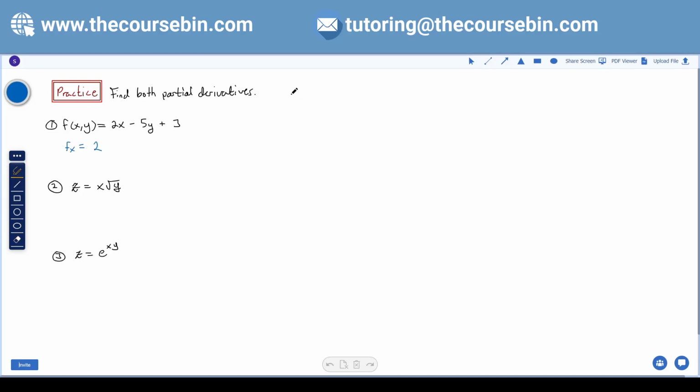So that means for f of y would just be negative 5. Right, so fy gives negative 5.